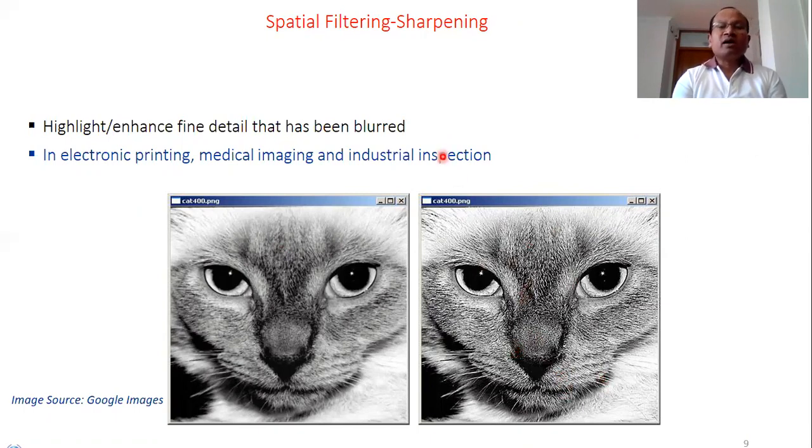Why? Because of the sharpening operation, which highlights and enhances fine detail that is actually blurred. A blurry image looks like a smoothened image. Blur has been added to the original image, so we can remove that blur using a sharpening filter.